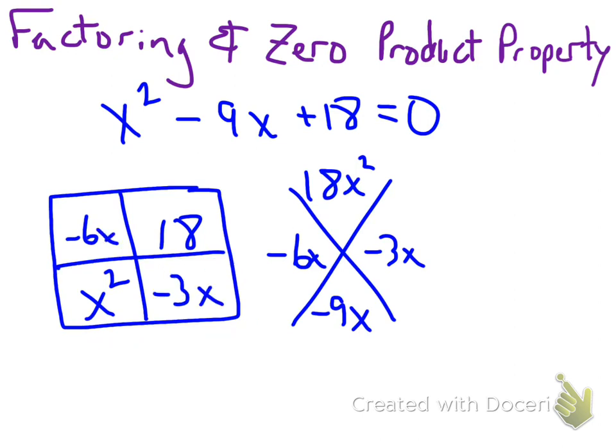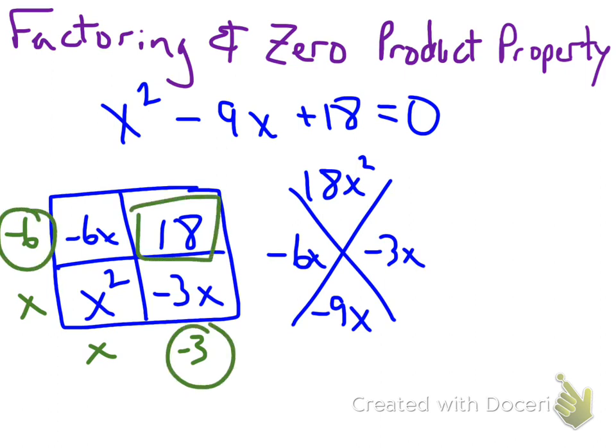Greatest common factor out of there is an x. X times x gives me x squared. X times negative 3 gives me negative 3x. And x times negative 6 gives me negative 6x. Again, negative 6 and negative 3 adds up to that number, or multiplies to that number. So that works out as my factors.